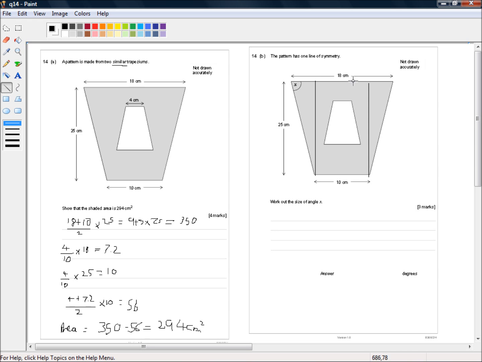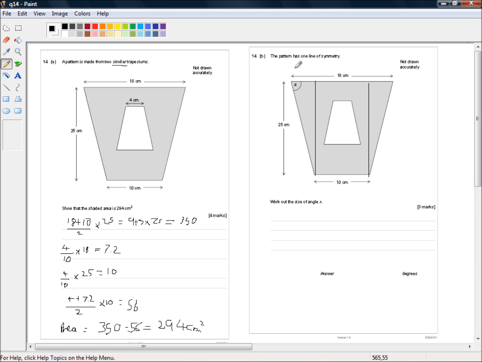The whole length is 18 centimetres. So this length here plus this length here is going to be 8 centimetres. And since this length here has to be equal to this length here because we've got our line of symmetry down the middle, then we've got 4 centimetres here and 4 centimetres here.